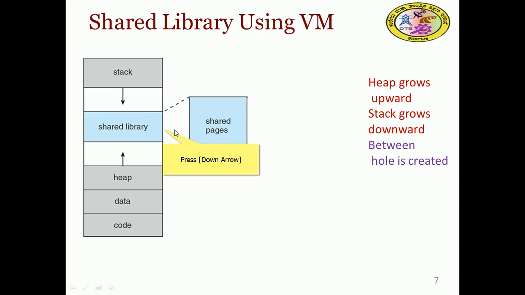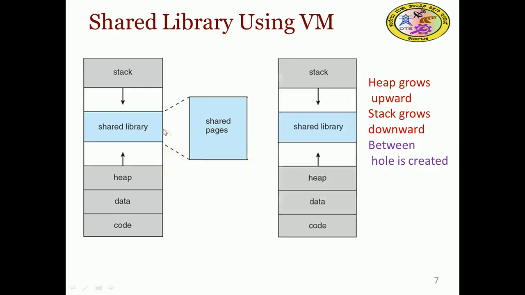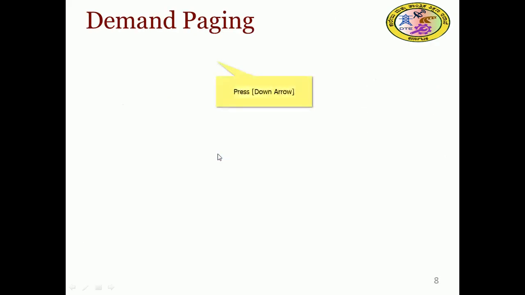This shared library will be shared by several processes. For example, the child and parent processes will share these pages. So using virtual memory is a benefit for that.